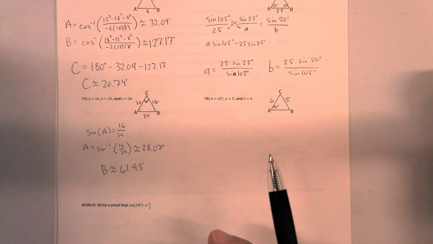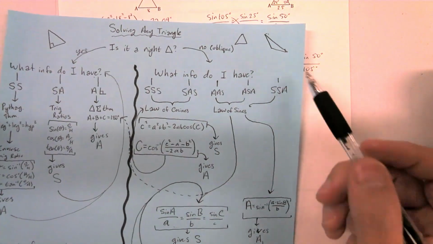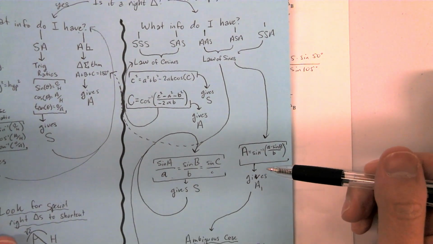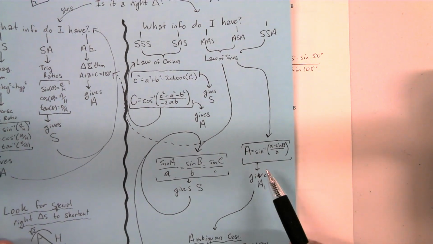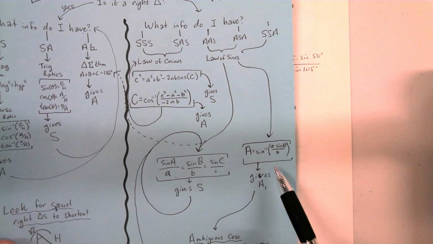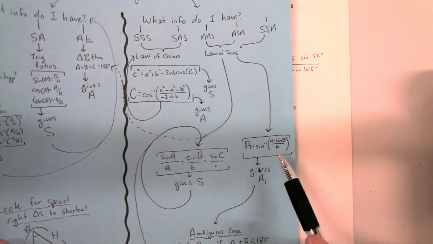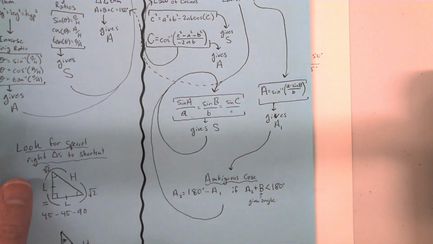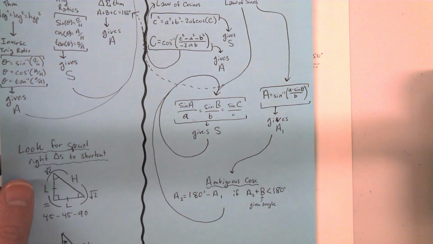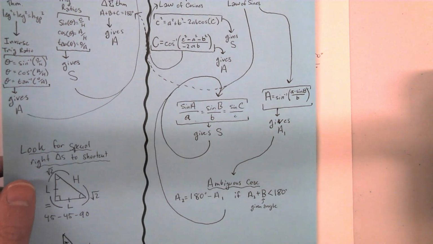But you'll recall from your flowchart that in this situation, you have to use the law of sines to get an angle. We never want to use the law of sines to get an angle unless we're in this exact situation, because this will create the ambiguous case where you may have a second triangle that fulfills the given criteria. So we'll have to be sure to check for that after we do our law of sines.